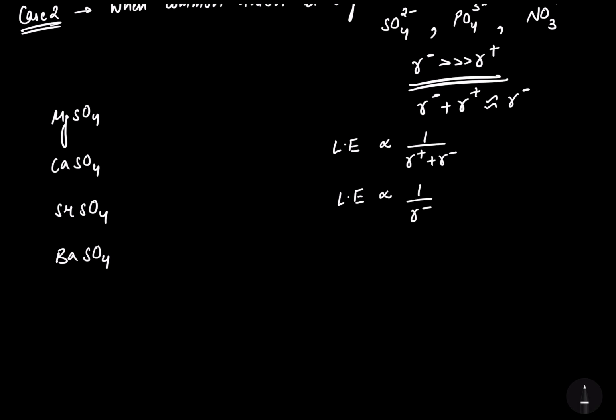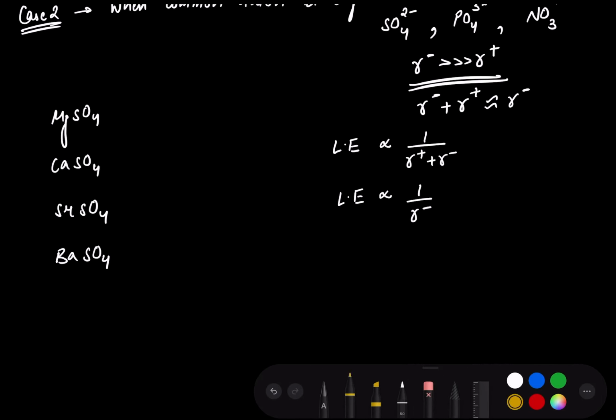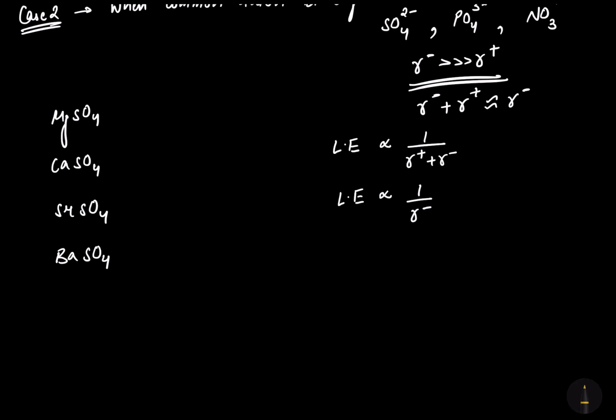Here we have a common anion, sulfate. So in magnesium sulfate, calcium sulfate, strontium sulfate, barium sulfate, the radius of anion will be equal. That means the radius of anion is constant, so for this case, lattice energy will be constant. In the previous case, hydration energy was constant.